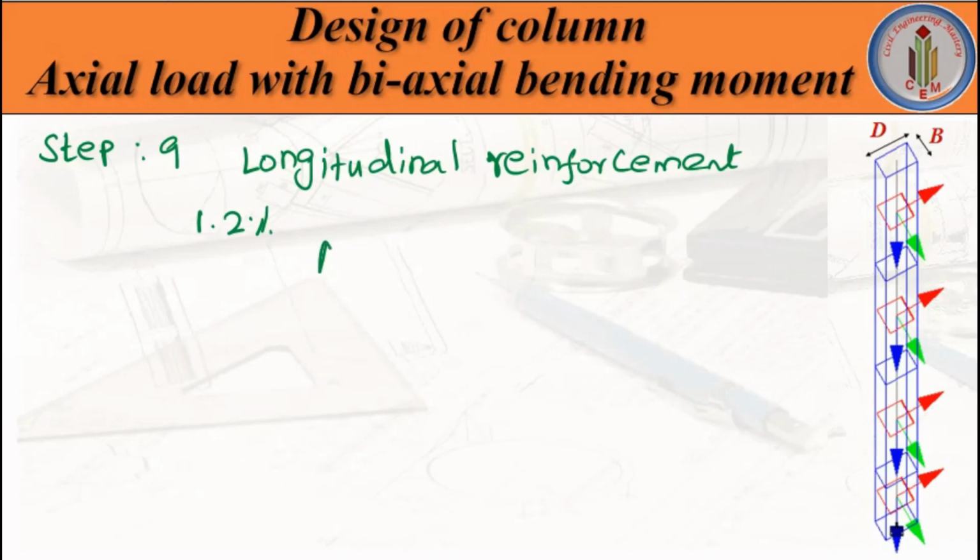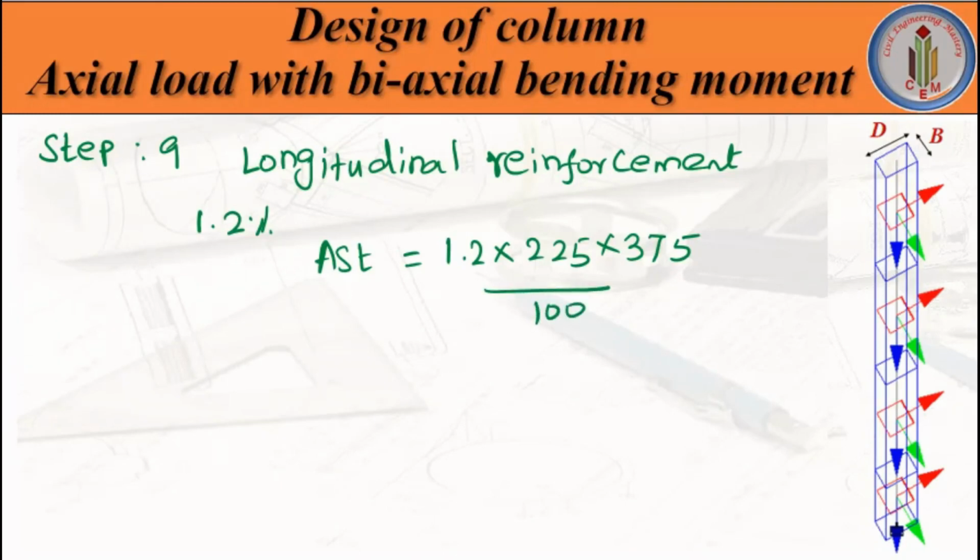So we need to calculate the area of steel. So Ast is equal to 1.2 multiplied by 225 multiplied by 375, cross section area of the column, divided by 100. So by solving this we get 1112.5 mm square. This is the area we required.